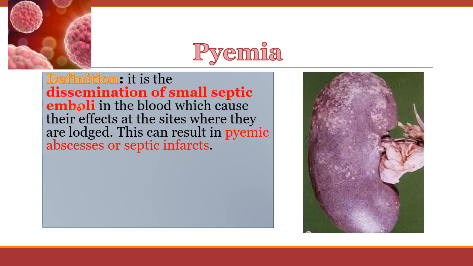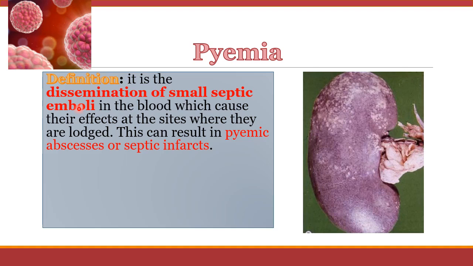So if they stop inside vessels, they will create around them small foci of inflammation in the form of many small abscesses. Or they can completely block the blood supply to this area, so we will have an area of dead tissue, which is called infarct or necrosis. And this will be an infarction that is infected also, so it will be called septic infarct.